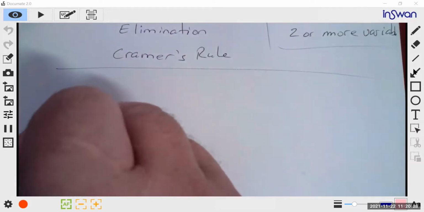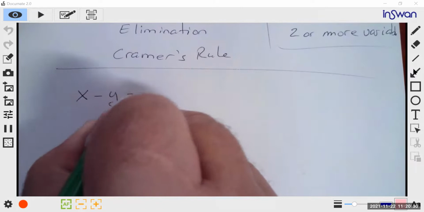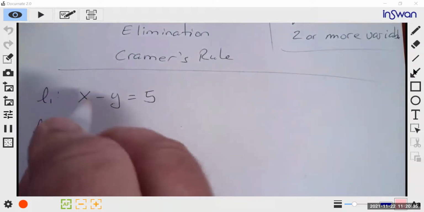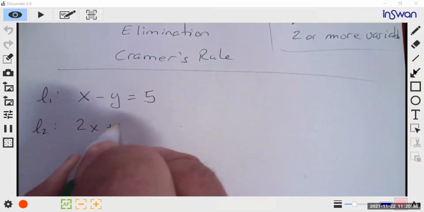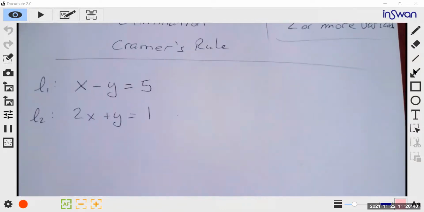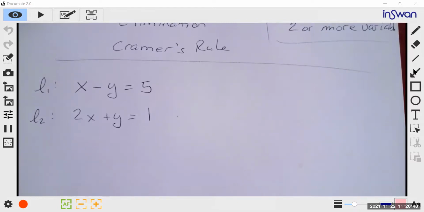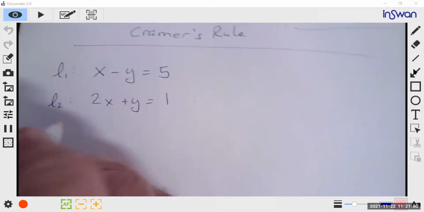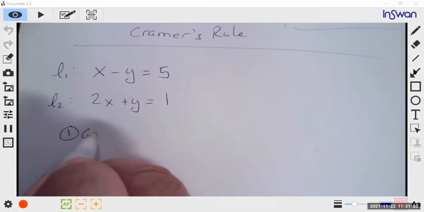All right, so I'm going to use this example for all the methods. We have line 1, line 2. Okay, first method we're going to use is the graphing method.